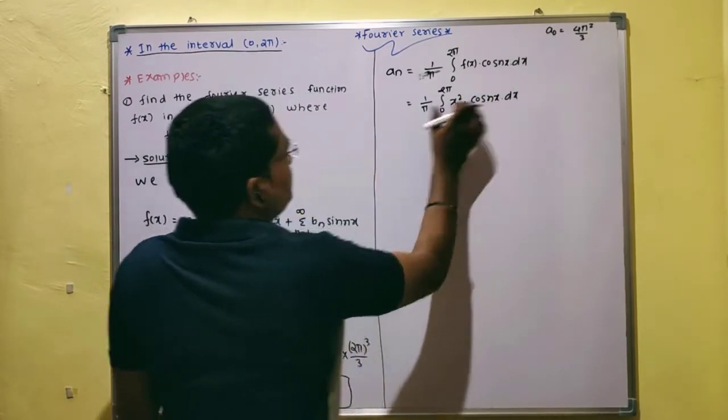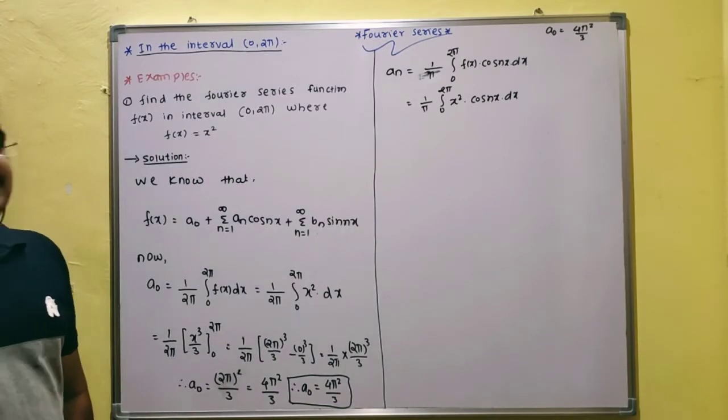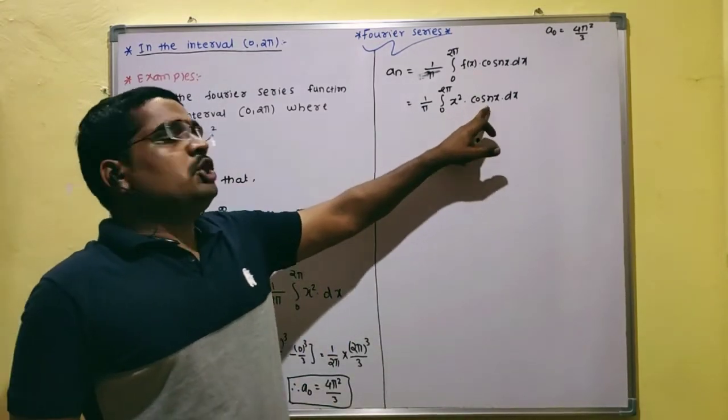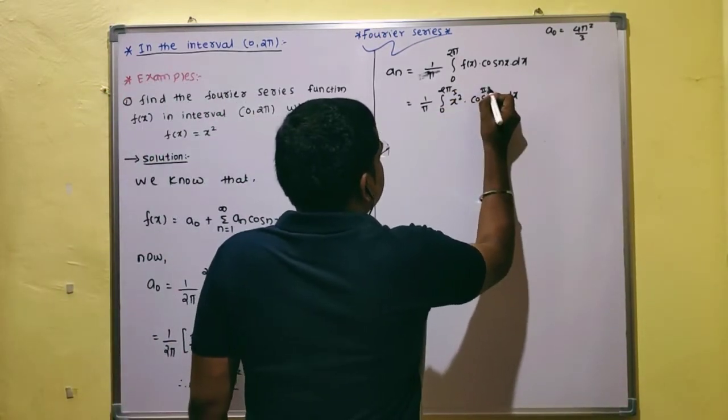Now we have to find the value of this integration by using the LIATE rule. This is an algebraic function and this is a trigonometric function. That's why this is my first function and this is my second function.